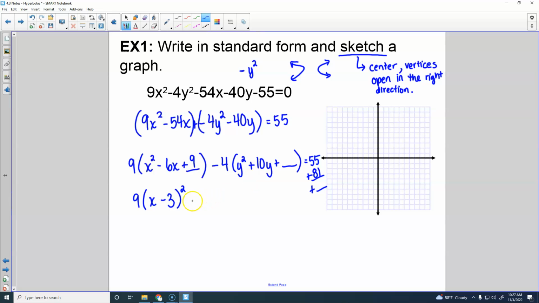Okay, then we'll have minus 4 times y plus 5 squared. 5 squared is 25. We plug that in. What do we have to add to the other side? Negative 100. Because we're doing 25 times that negative 4. So make sure you don't miss the negative that goes with that. And then so, let's see, that is 136. So we'll get 36 whenever we do that.